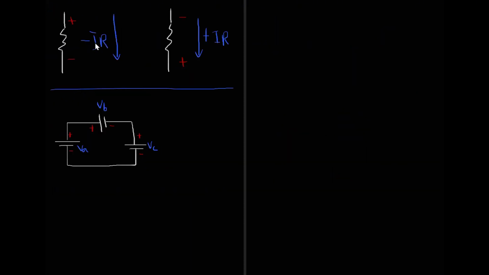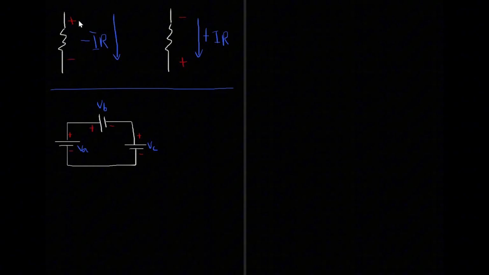So here in this section, we'll be talking about high to low and low to high, and generating an equation from this circuit right here, which is just full of batteries, and they have each voltages, but we're not going to assign any voltages to them. We're just going to label them as VA, VB, and VC.